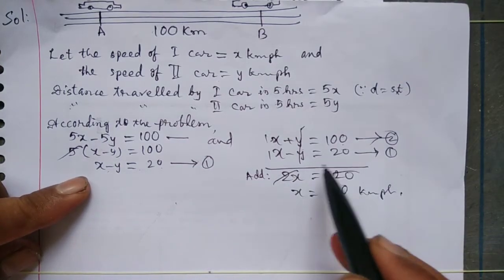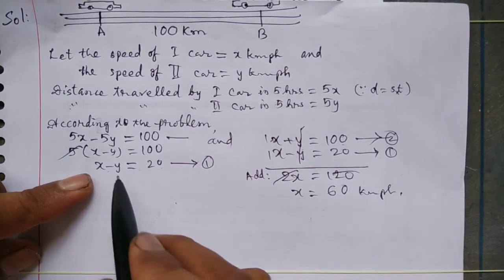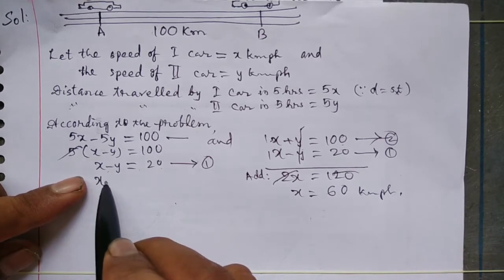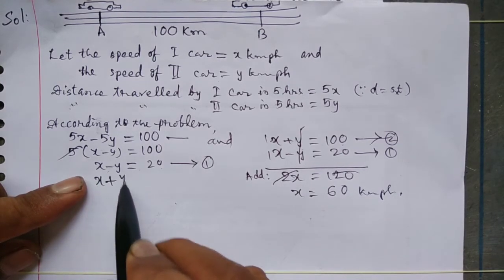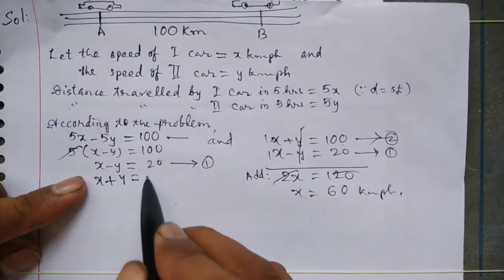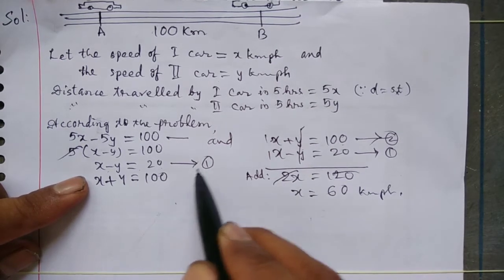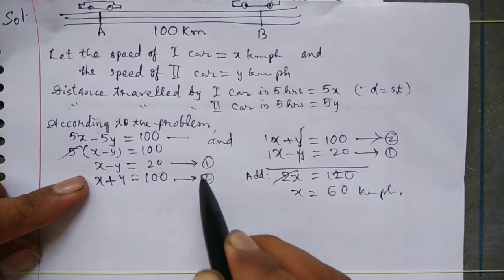If we subtract, x plus y is equal to 100, so this is the second equation.